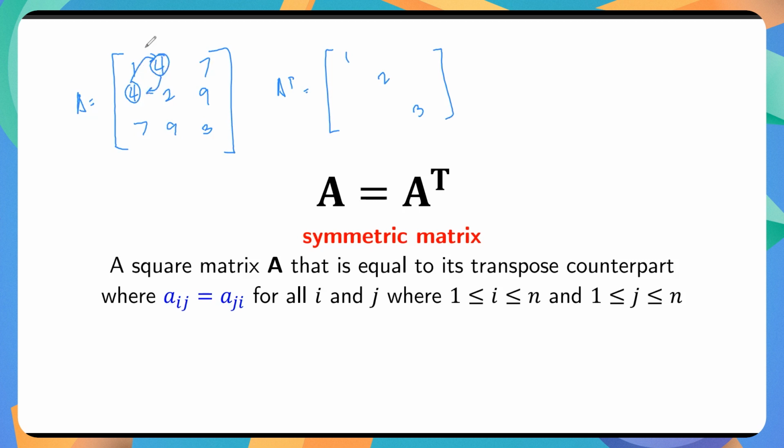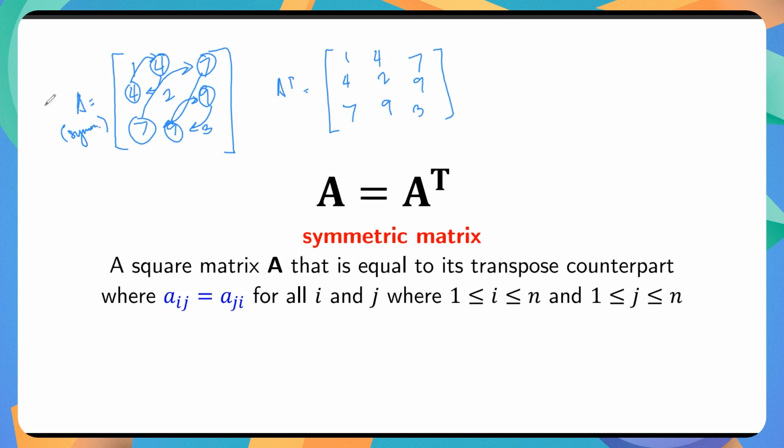And since they have the same values, nothing would really change in terms of the new values. So it's still 4. And then for 7, nothing changes either. So the 7 goes here, the 7 also goes here. 9 also works that way. So they swap positions but don't really change in value. So you still have the same matrix as the original one. That means that A is a symmetric matrix.